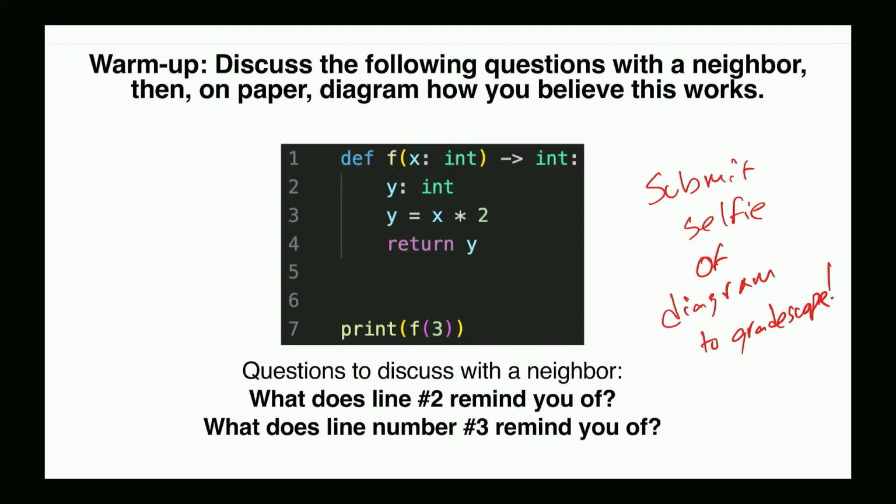So we're setting up some expression here where y is assigned x times 2, and this does echo back to mathematics. Is there anywhere else in a program you've written something like this before, like y, then an equal symbol, and then an expression following it? I'm not quite sure. Anyone else want to take a stab at that?